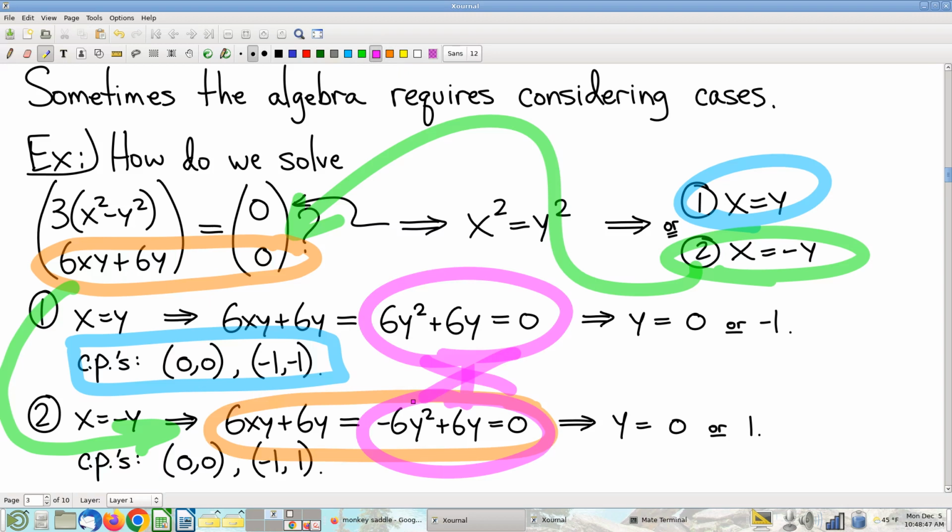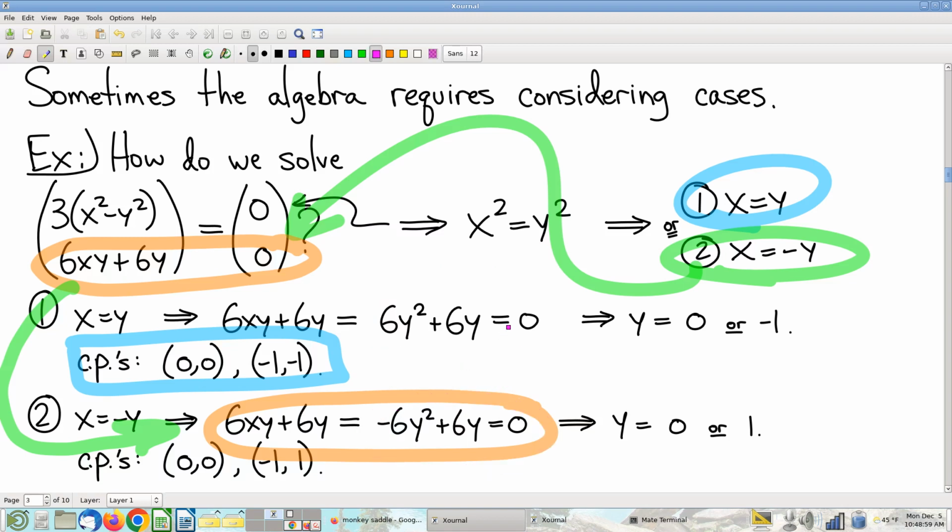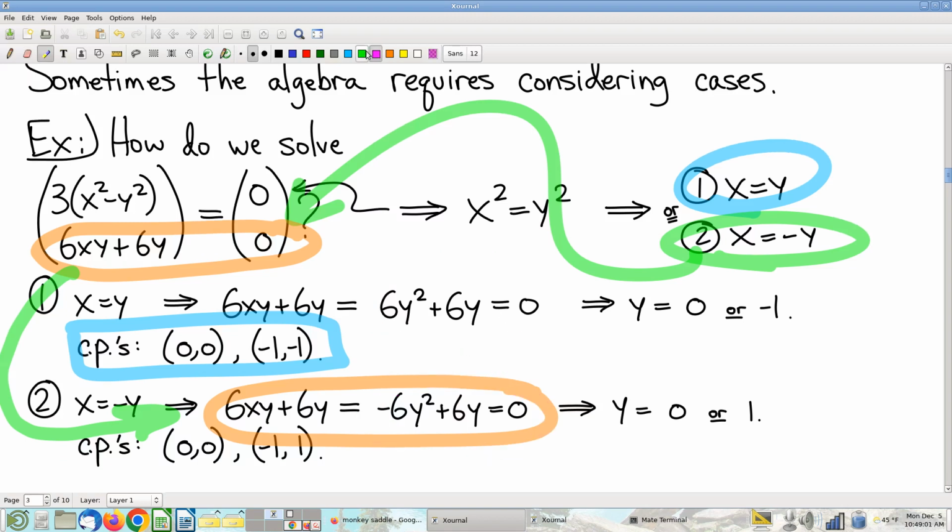We get different algebra for y because we're making different assumptions about the relationship between x and y. So you got to see where that leads as well. And okay, so here we go. If we have this algebra, again, solve for y, you get these 2 possible values of y, and therefore these 2 critical points.